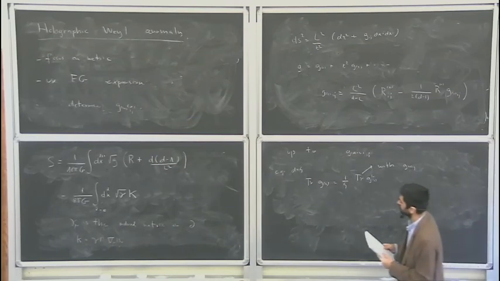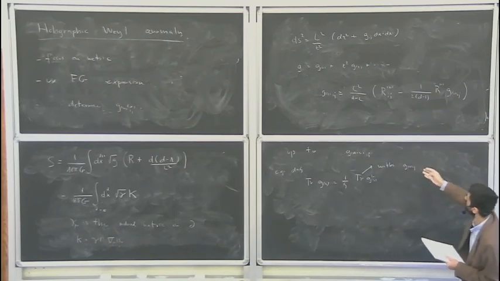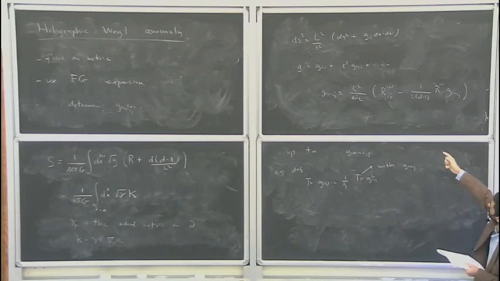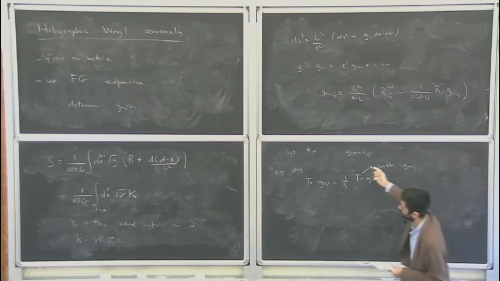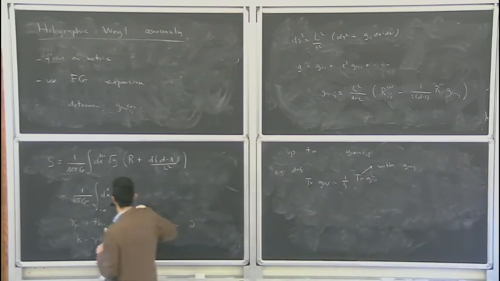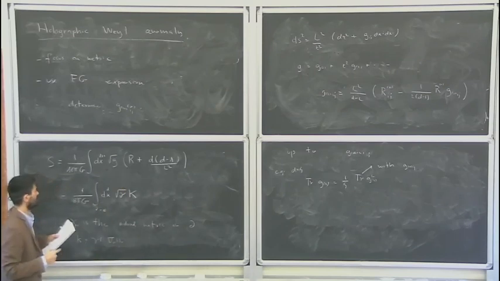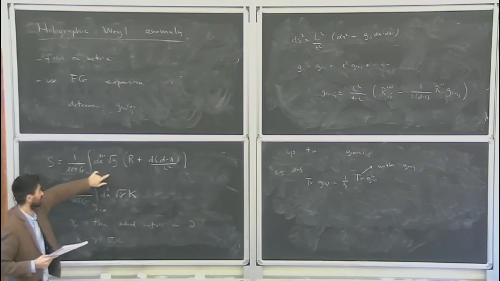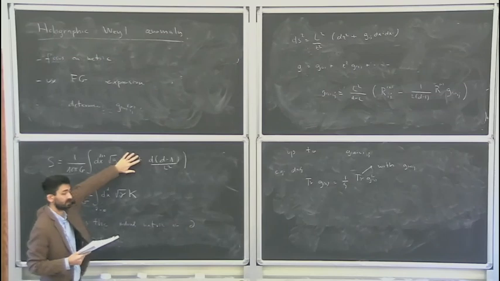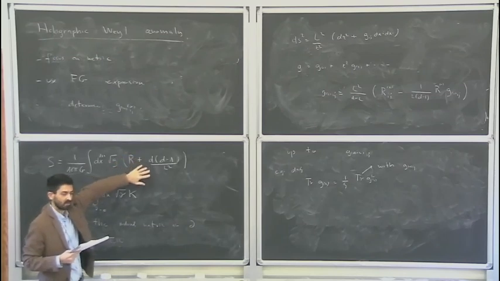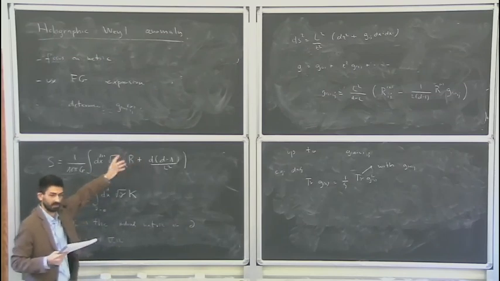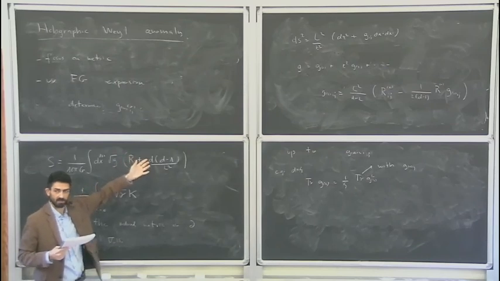Okay, so the action, if you carry this out and plug this into the on-shell action, and plugging into the on-shell action means plugging into this term, and as I already showed you at the beginning, this term just reduces to a constant, a different constant on shell. So that's kind of analogous to the trick of doing the integration by parts for the scalar.